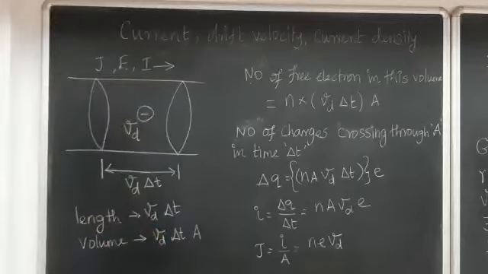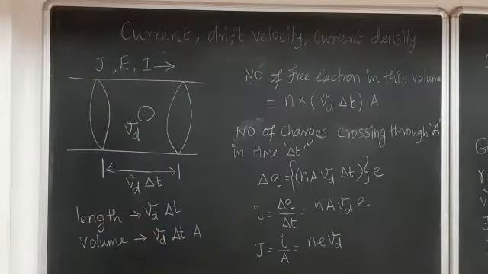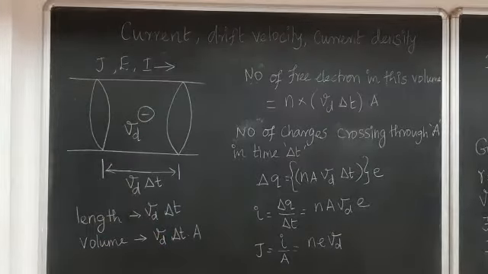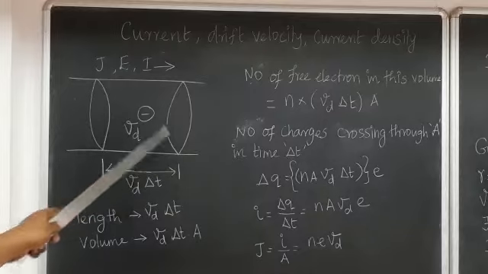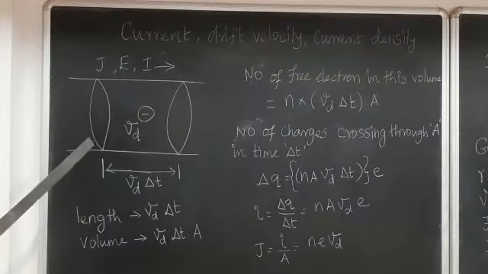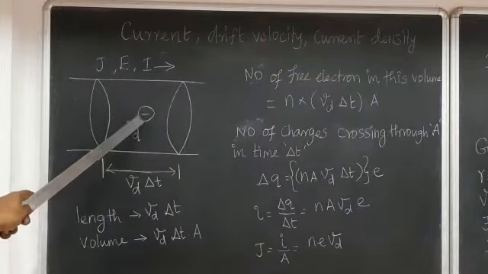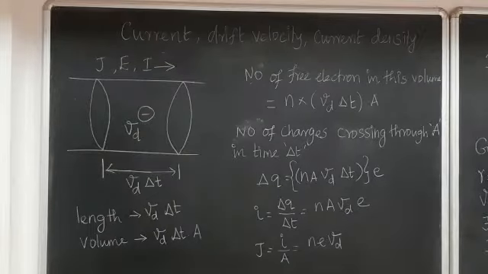Now we move on to this diagram. Here we have a conductor, and in that conductor we have two surfaces. Assume that there is only one electron in our case. In which direction will these electrons drift?